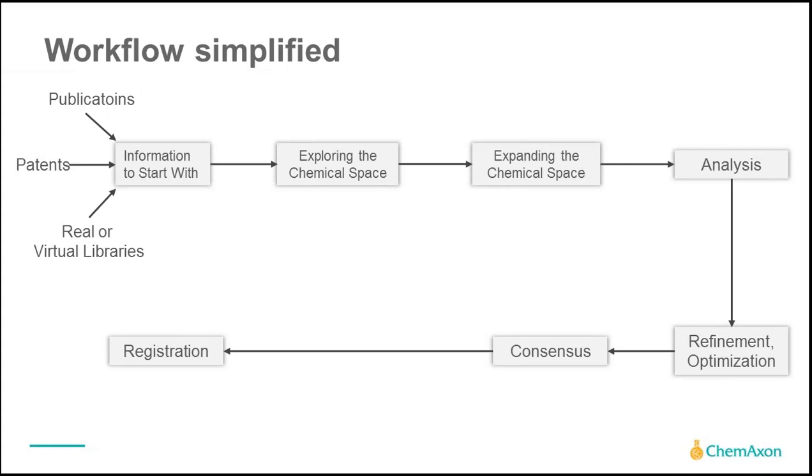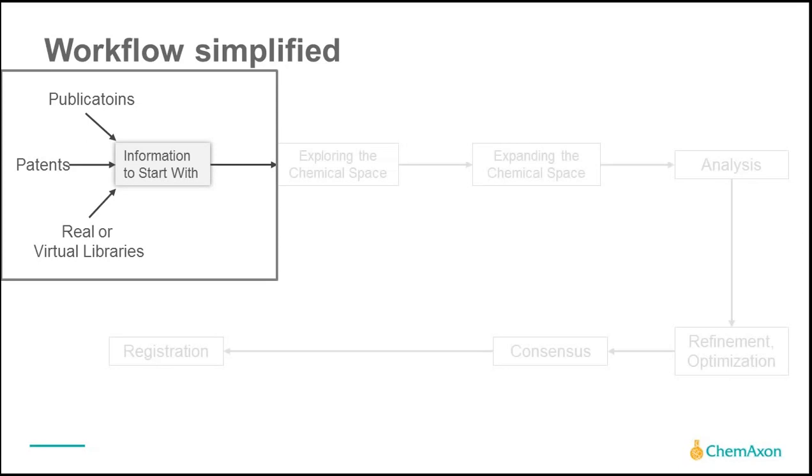And at some point, you start also expanding this chemical space and continue with the analysis and see where you can go from that starting point. Now, with enough information, you can refine and optimize the molecule that you are working on. And at some point, you can come to consensus and say that, okay, this is the direction where I want to go. And if you get to that point, you also want to register that information in a registration database.